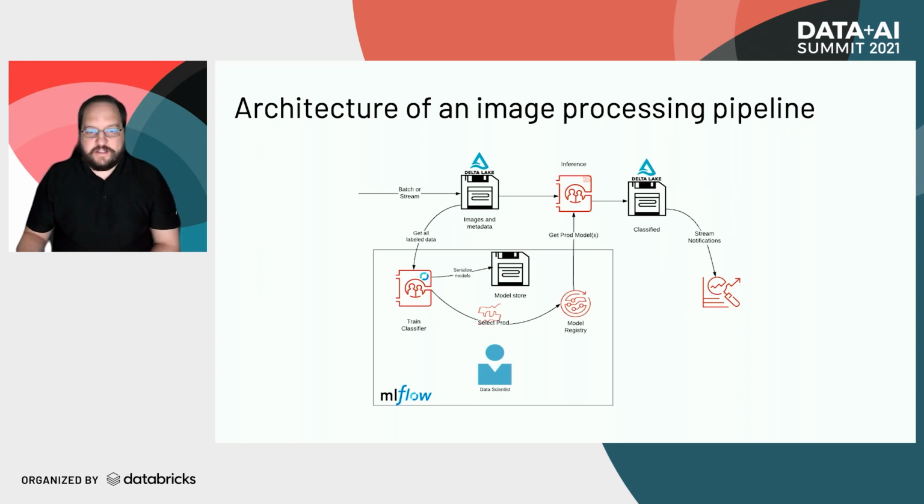You'll want to serialize your model, and since we're doing this in Databricks, we have the model registry built in so that we can immediately mark whether it's production or not, so that as the inference pipeline is running in production, it can immediately pick up the next version without any other changes. So this is what we will be demoing today.